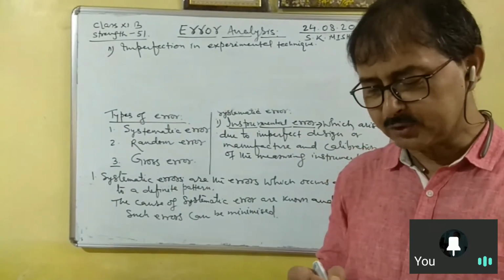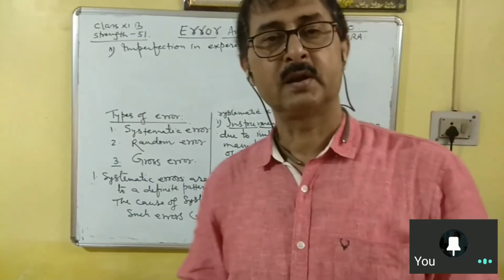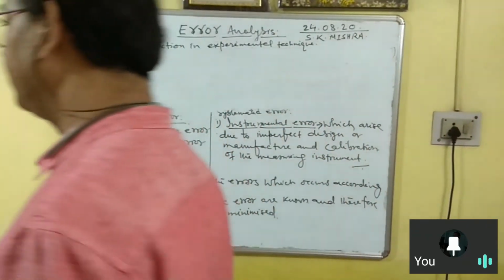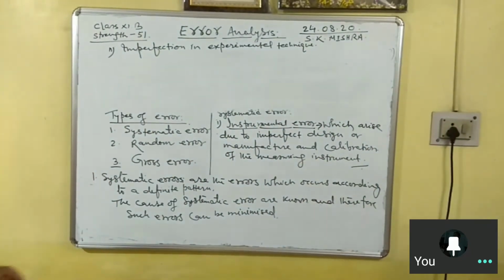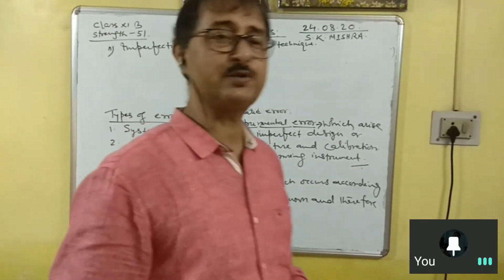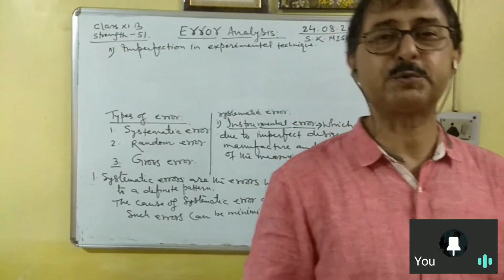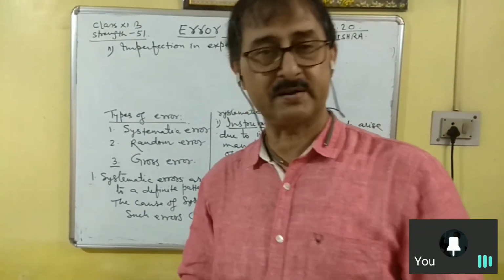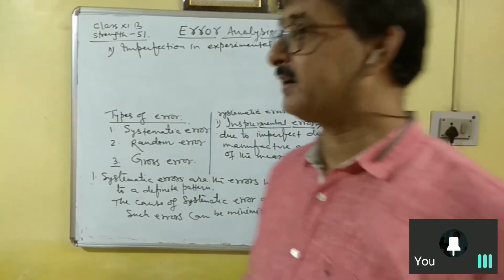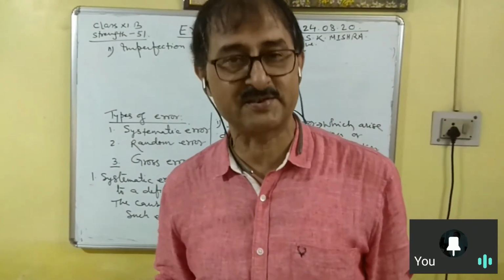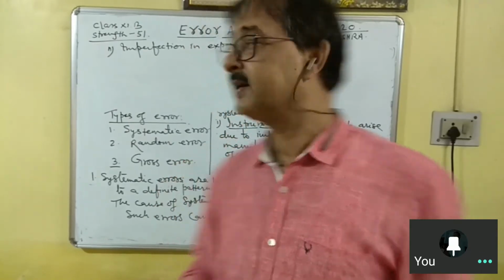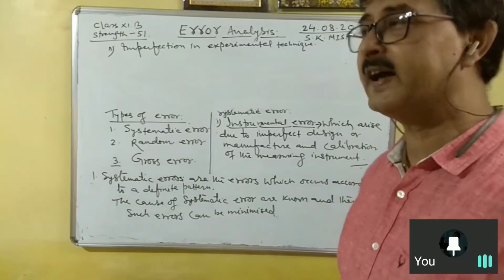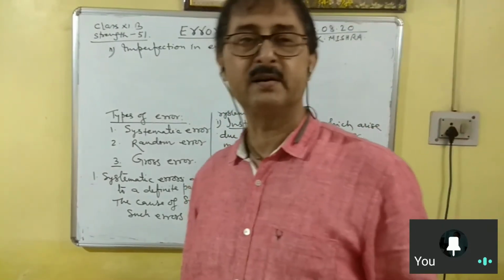Suppose you are going to measure the temperature of a person. If you place the thermometer below your armpit, where should it be placed? For an accurate temperature, you should place it inside the mouth of the patient. But if you place it below the armpit, then the reading of your body temperature may not be correct. Why does it happen? Because you don't know the correct experimental technique, the actual way of measuring the temperature of the human body.